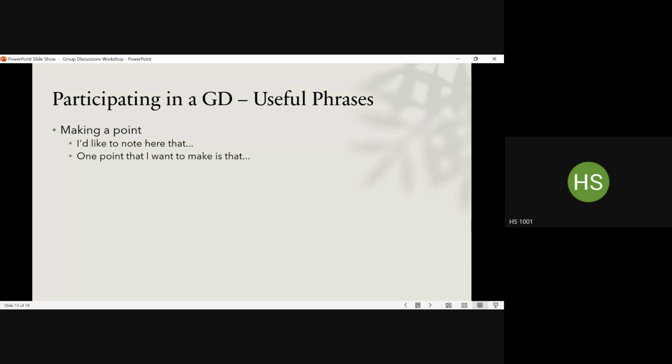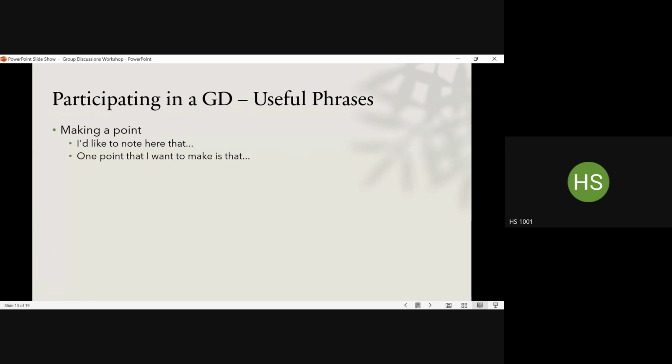But when it comes to actually expressing their thoughts in a formal or courteous manner, they have a lot of difficulties. In order to overcome these difficulties in terms of speaking or expressing yourself, you can use these phrases. That is why these are helpful tips in terms of GD participation.